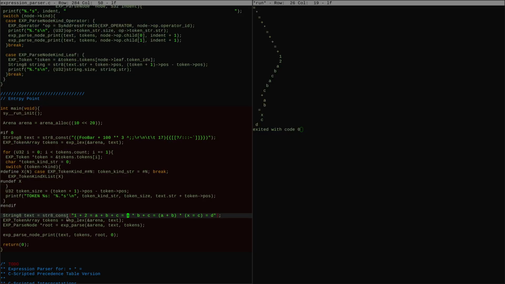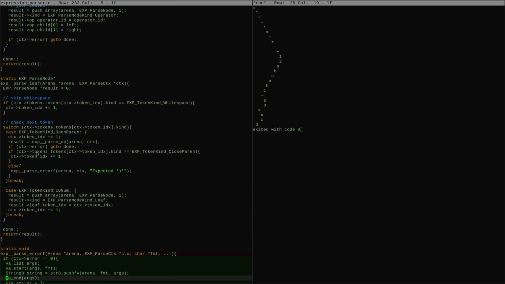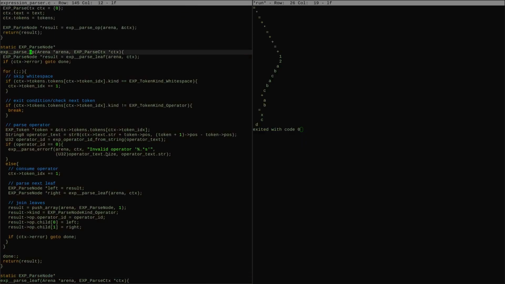So the way we can do that is from the parse function where we build operators. What we're not doing right now is we're not comparing the operators that we're parsing as we go, right?